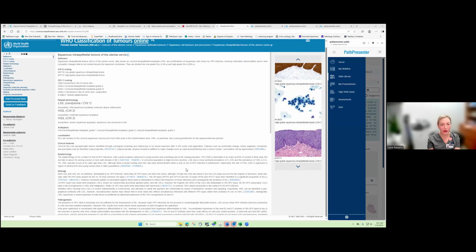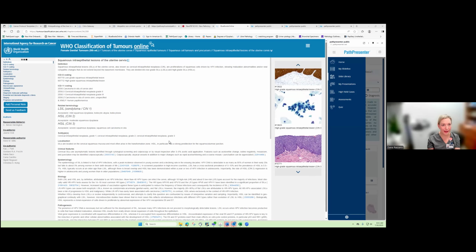Okay. So when you're starting out, don't forget, I think your first impulse is to Google everything, but you'll get a mixed picture if you start on Google. A lot of times you'll get some great images. Actually, I did it just out of curiosity, and there were some really great images of cervical intraepithelial lesions.